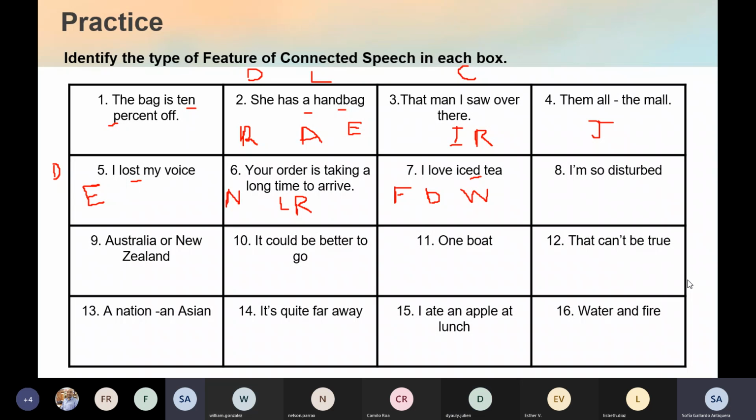I'm so disturbed. I'm so disturbed. Is the reduction. Yes. Camilo, where? Any ideas?